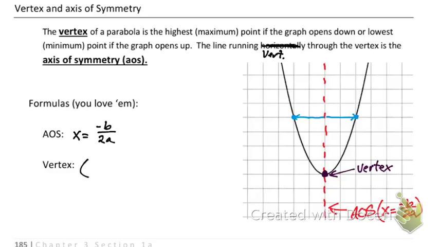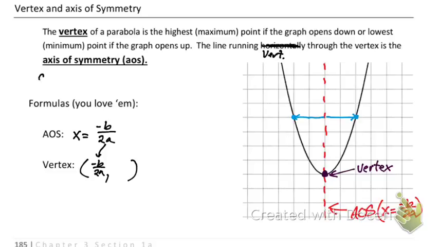Well, our vertex is a point. It has an x value and it has a y value. Well, we already know the x value. It is going to be negative b over 2a. If I know an x value, if I want to find a point where x equals 2, all you do is take that 2 and plug it into your formula.